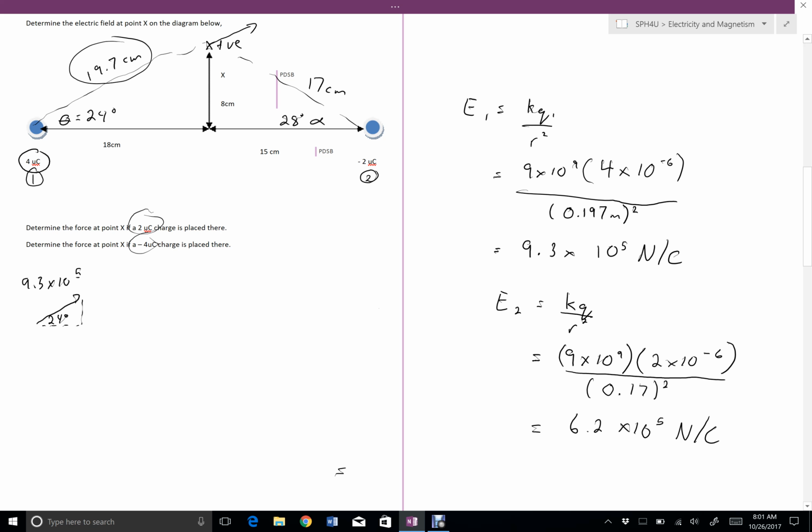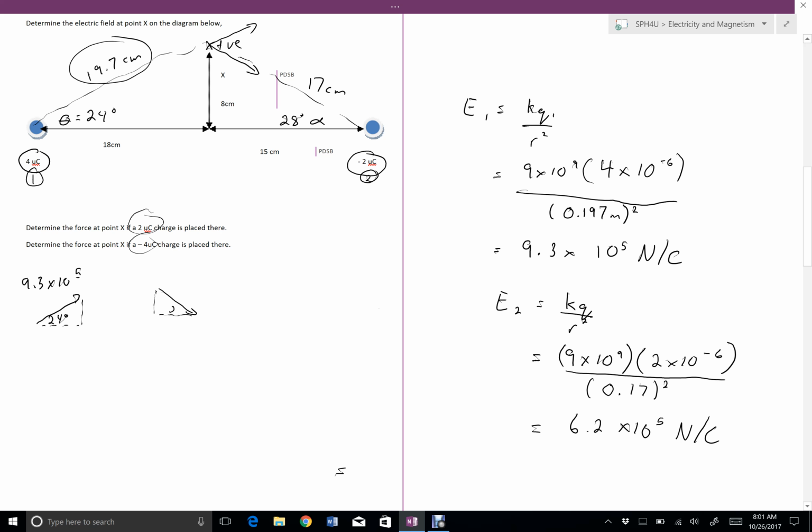And this one is negative, and I have my positive test charge, so that's going to attract, unlike charges attract that object in. So for my secondary force here, I'm going to be coming in.